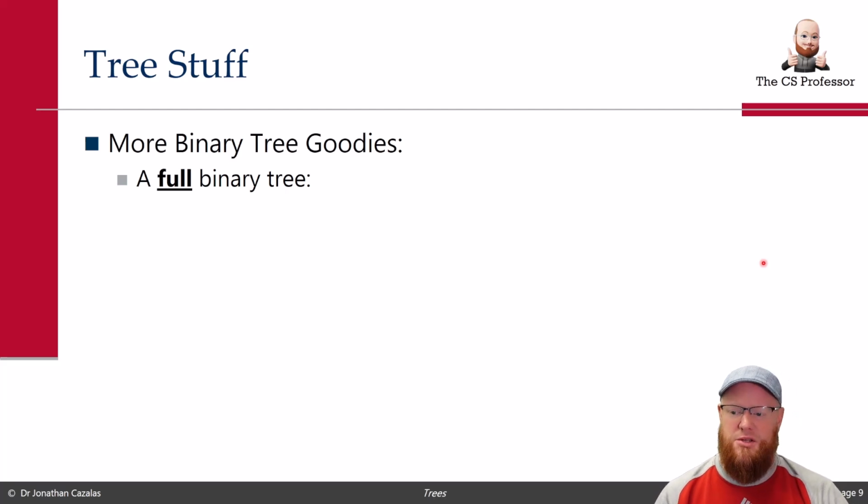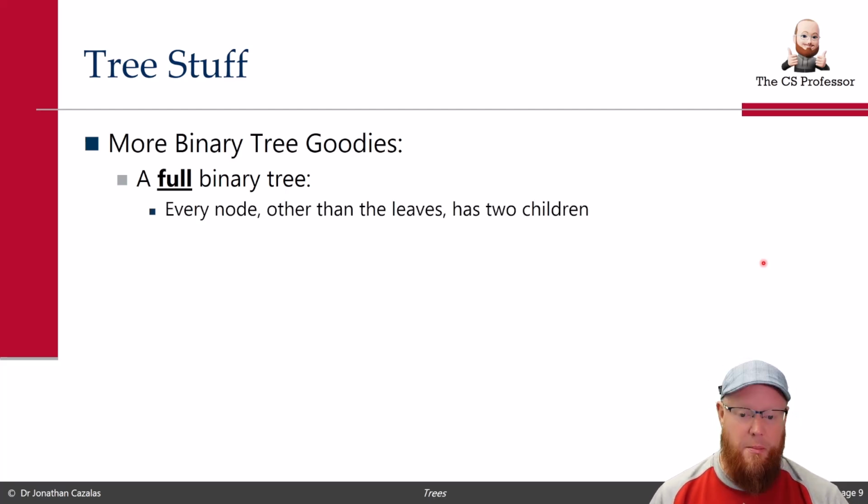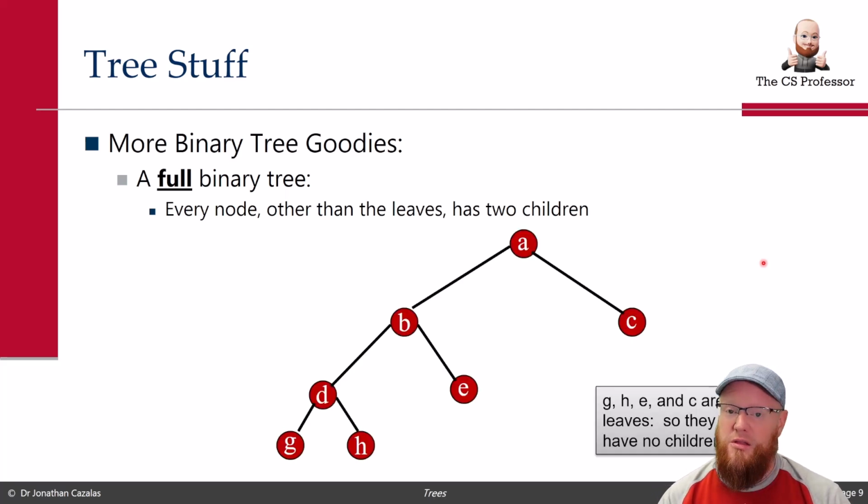Some more terminologies. What is a full binary tree? A full binary tree is a tree where every node, other than the leaf nodes, has 2 children. So if you look at this tree, if we ask, is this a full binary tree? Well, notice we look at the leaf nodes, G, H, E, and C, and we see that, okay, fine, those are the leaf nodes.